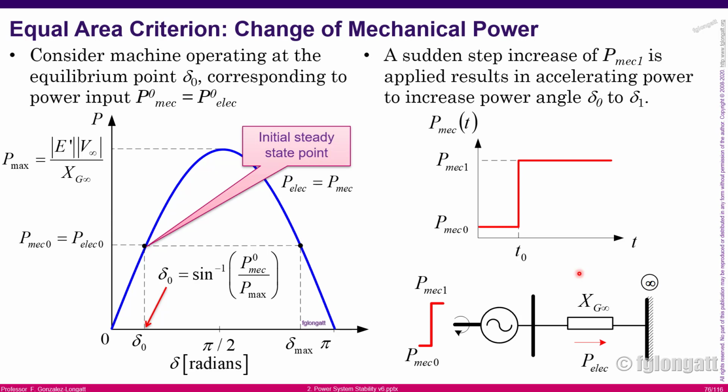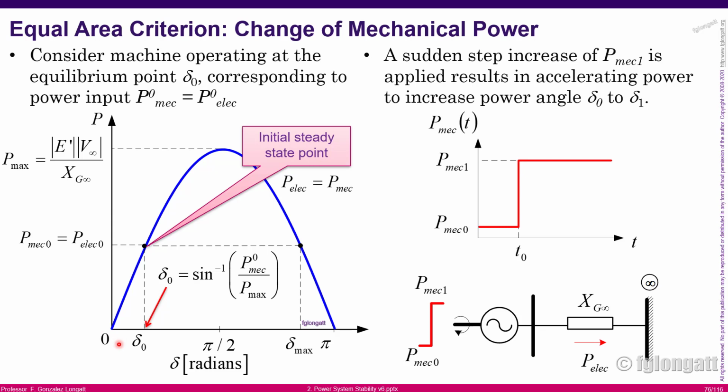If the machine is working in a steady state, consequently electrical and mechanical powers are equal. There is no acceleration of this machine. The rotor is rotating at constant speed, and there is an initial angle over here. You can see the angle. The angle is delta zero.